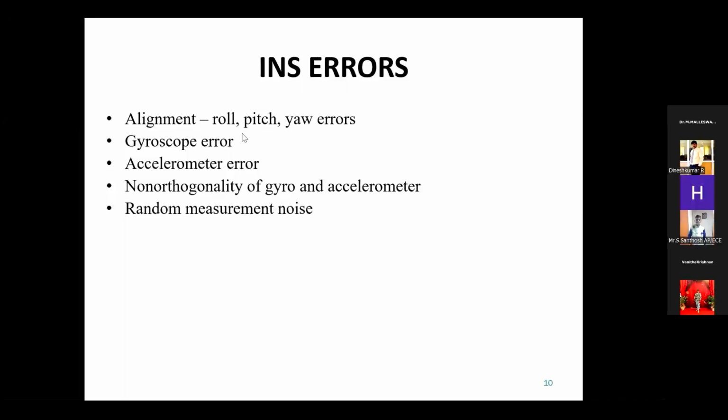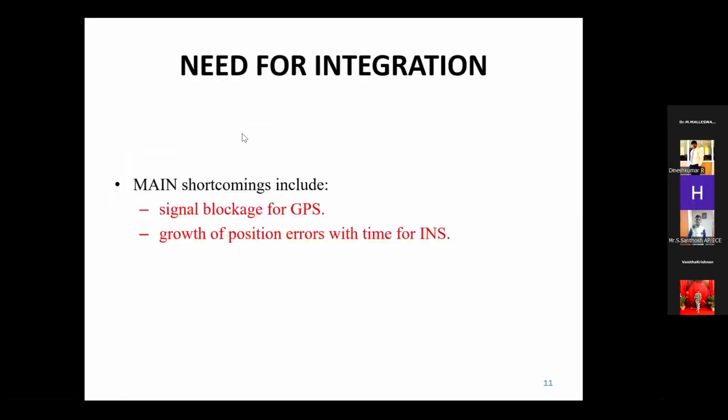Now we need a complement of this INS system on board with the GPS system, right? To make a perfect combination of navigation, we need an integration of these two systems, GPS and INS. See, the main shortcoming in GPS is signal blockage of your received signals during navigation.